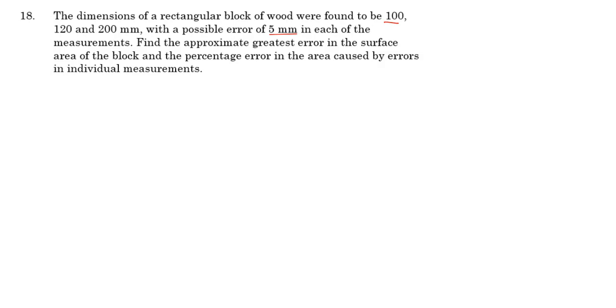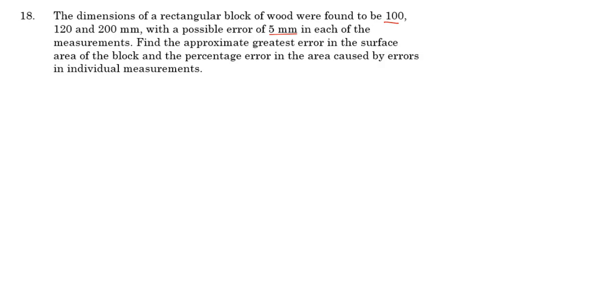Find the approximate greatest error in the surface area of the block and the percentage error in the area caused by the errors in the individual measurements. This might sound complicated, but it is something that is very straightforward to work around.